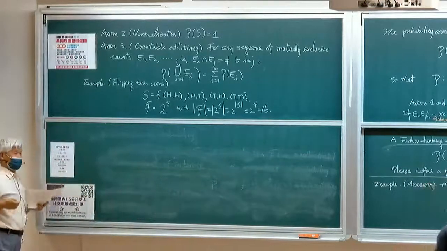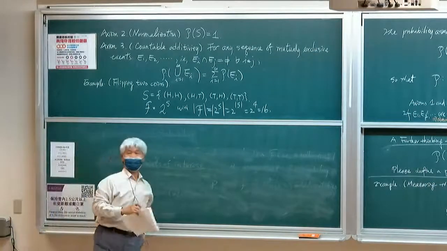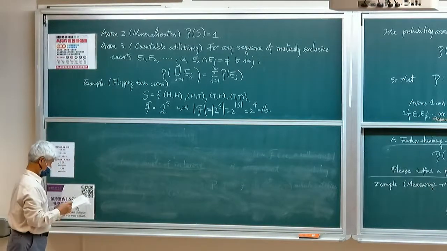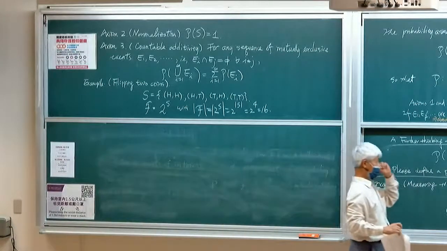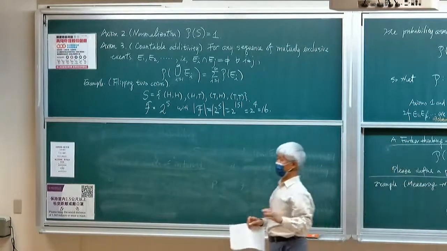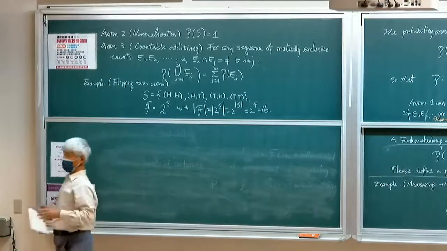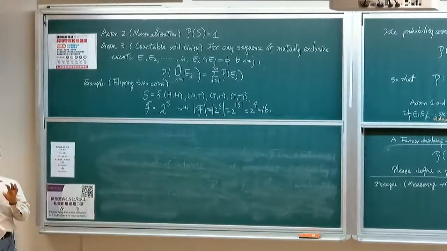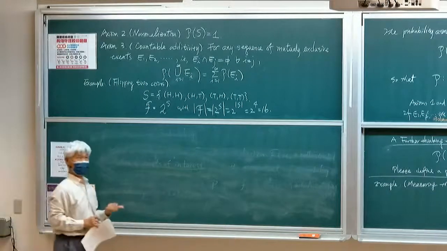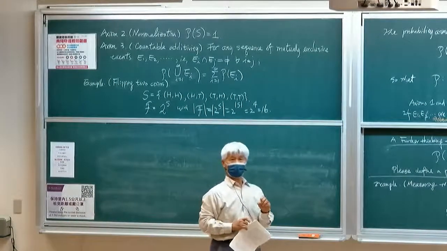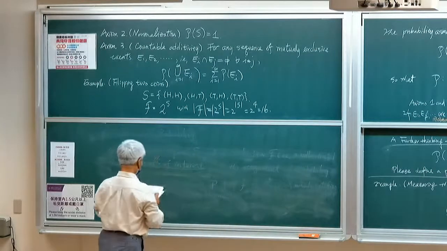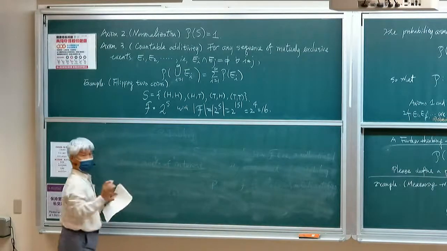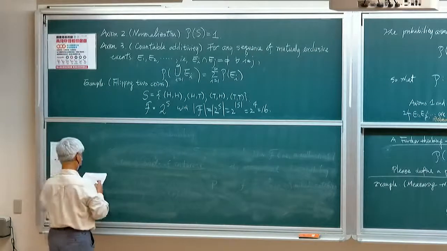Okay, so let's continue our discussion. We have given two examples to illustrate how to construct a probability measure. Once we have a sample space and sigma algebra, I would like to give a couple of properties.